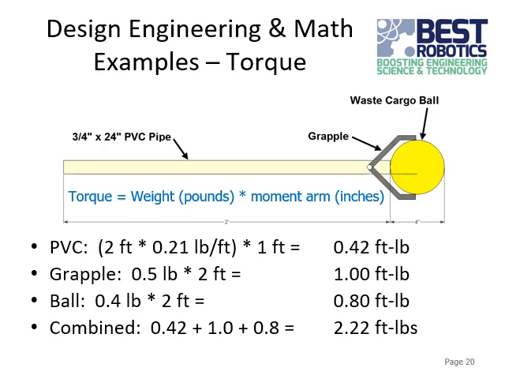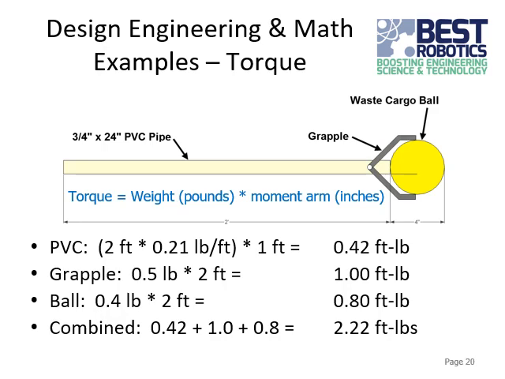To get the torque required for each piece, it's the weight of the piece times the length away from the axis that it is. So for the PVC pipe, that's 2 feet, so that's 0.41 pounds.